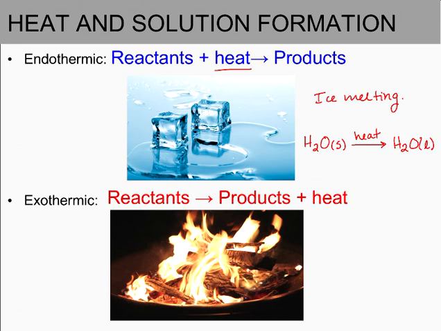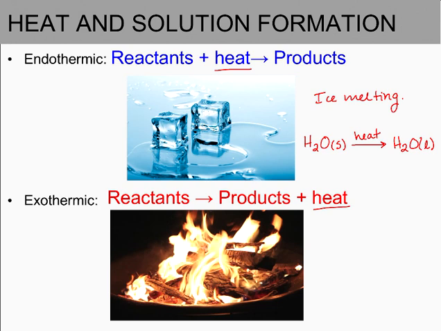And then the other type of reaction is an exothermic reaction. So in an exothermic reaction, heat is a product, so it's being formed. Now, there are some instances where we might need to provide a source of energy. So let's say we're burning some logs, and we need to add some lighter fluid, and maybe we need to add a match.